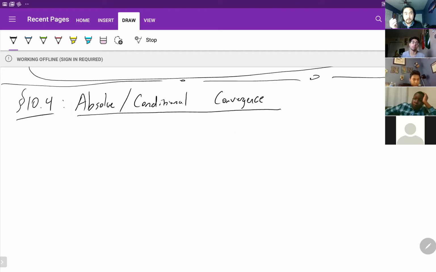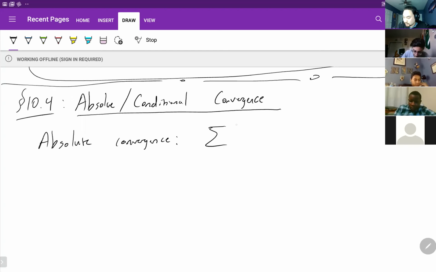So what they did was they said that if you can prove convergence on a positive series, then you can say that it converges absolutely. So that's what absolute convergence is, right?